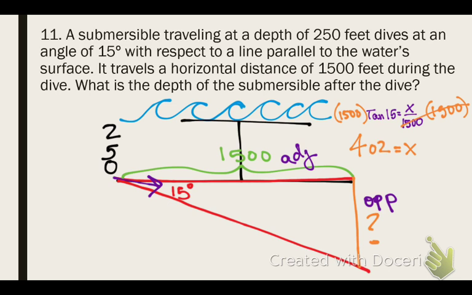Reason being, only from where we started to go 15 degrees down to where we stopped is 402 feet. We were already 250 feet below the surface, so we need to combine both numbers. So 402 and 250, what does that make? 652, and then you'd say feet.